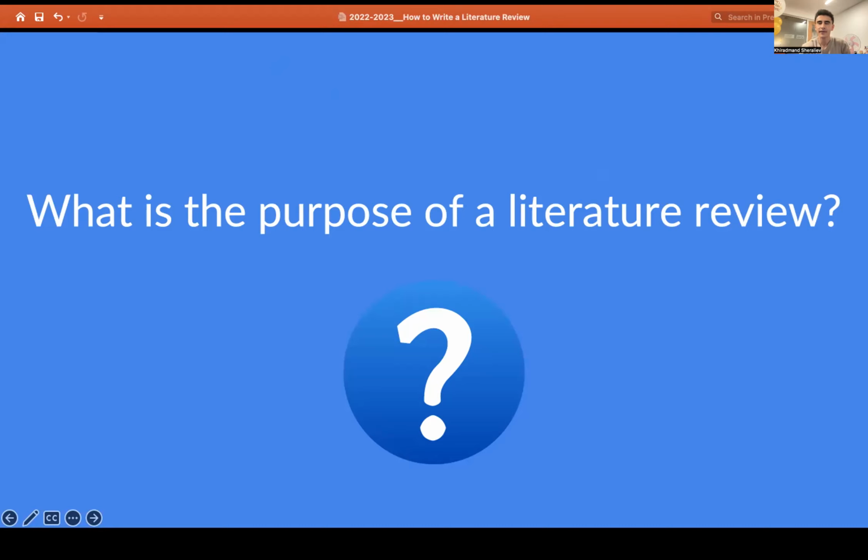Danyar? To find a gap in the others' research in order to find a research question for your thesis. Exactly, to identify the gap in the literature, right? The question or questions that have not been addressed at all or effectively. Okay, others?